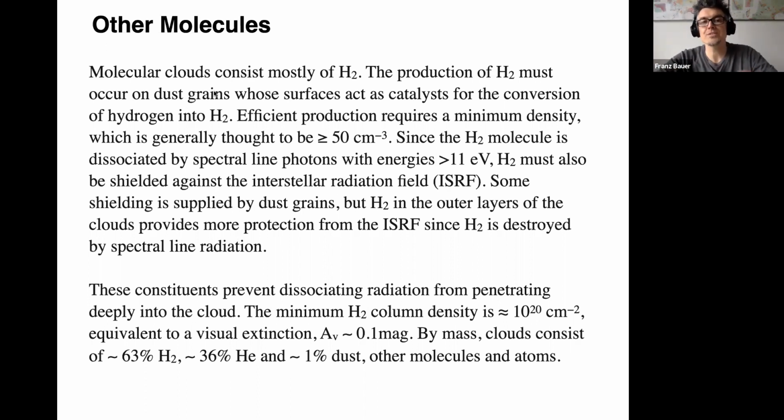So dust grains are a very important catalyst for the transition between neutral hydrogen and molecular hydrogen, and you don't need too many of them. Generally effective production requires some minimum density of dust, about 50 hydrogen atoms per cubic centimeter, assuming some metallicity. So it's relatively low.